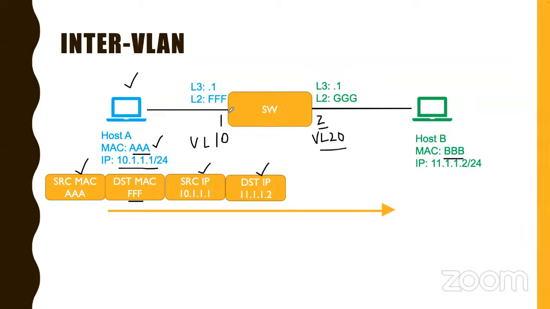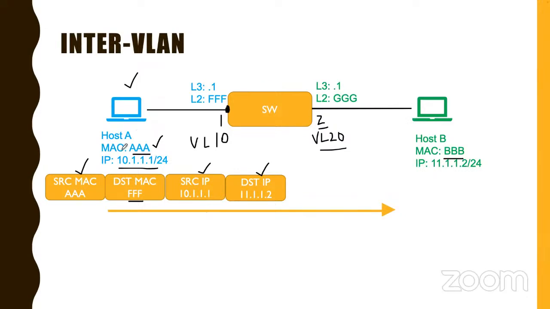I am assuming that this is the MAC of this layer 3 port, not a broadcast. We don't know the receiver MAC address, so we are searching for the MAC address. We are broadcasting the packet to all connected ports.